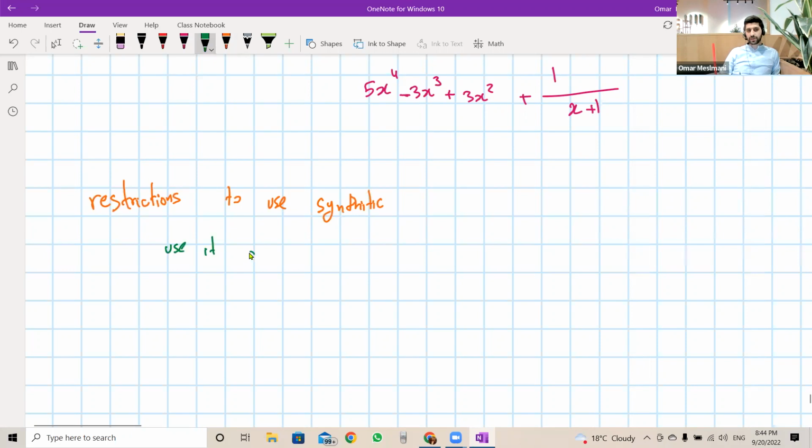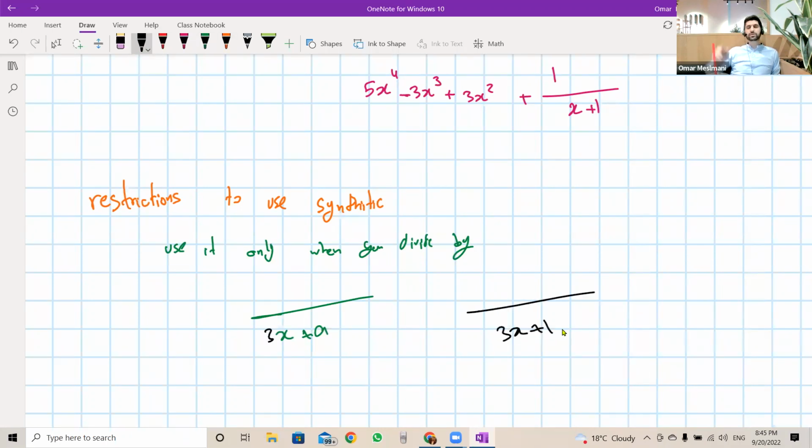Use it only when you divide by x plus a value. What do I mean by this? If you're dividing by 3x plus 1, don't use synthetic. Only one case: the coefficient of x is 1.